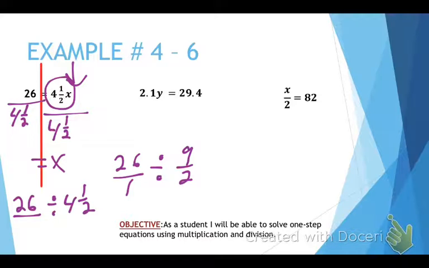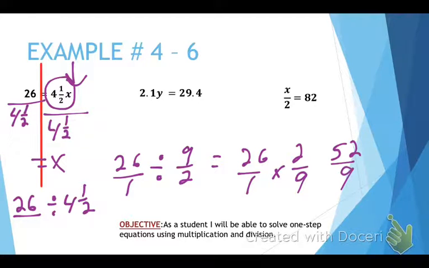Keep change flip, that means 26 over 1 times 2 over 9. And we simplify if we can, which unfortunately we can't, which gives us 52 over 9. If you divide that like you're supposed to, you're going to get 5 7/9. Okay, so your answer is actually 5 7/9.